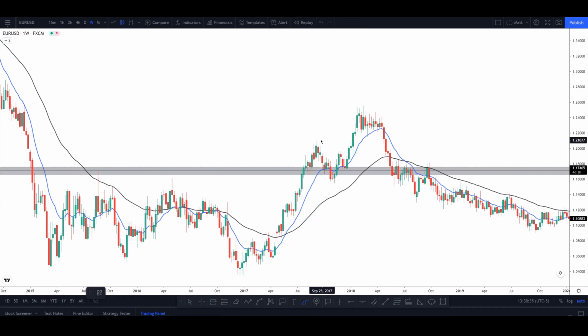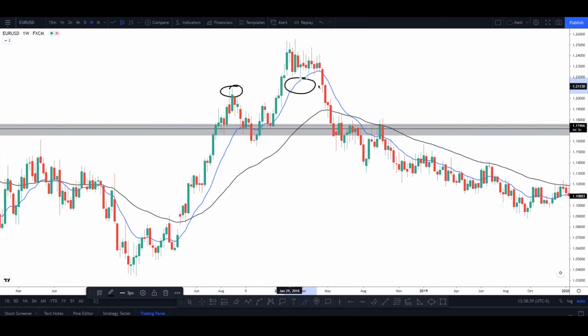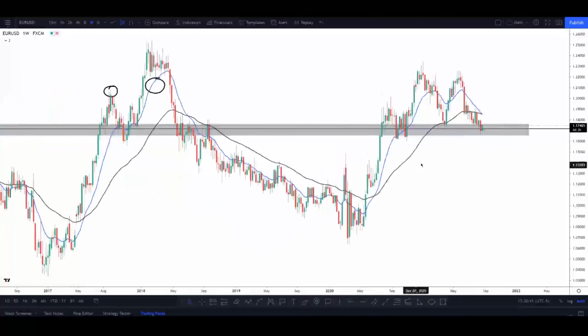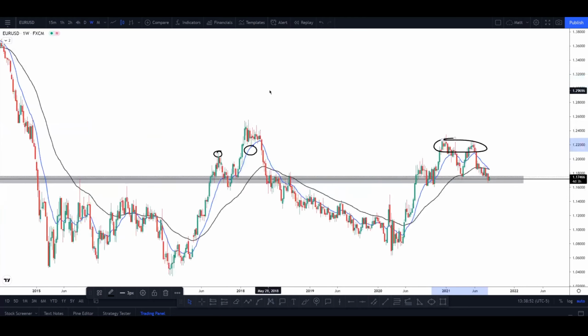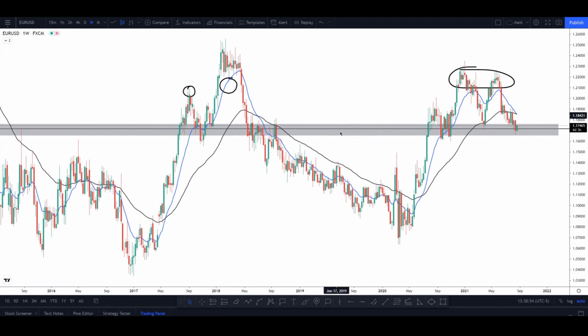Essentially, if we look to the upside over here, we see that, okay, this region has been tested as resistance. This one has tested as support. We stretch this out to the right. Okay, this has acted as resistance. And it doesn't have to be perfect in the beginning. You can just draw some circles or pinpoint a general region, and then we can slowly narrow it down afterwards.